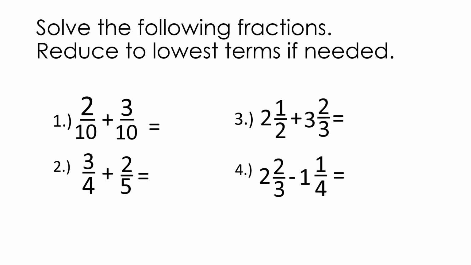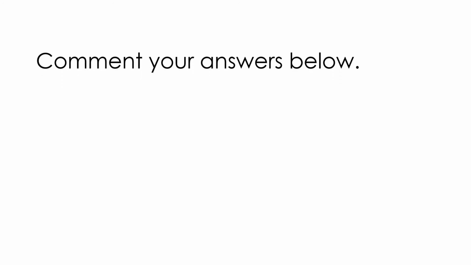Number 3, 2 and 1/2 plus 3 and 2/3 equals blank. Number 4, 2 and 2/3 minus 1 and 1/4 equals blank. So just comment your answers below, then I'm going to check how many of you will get the right answer.